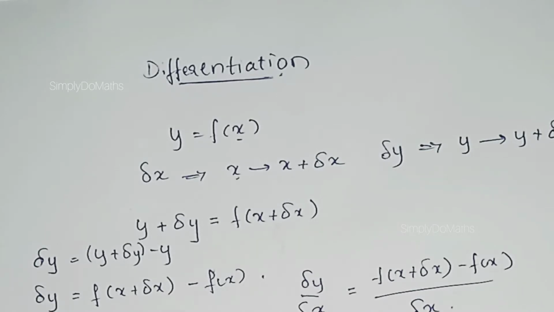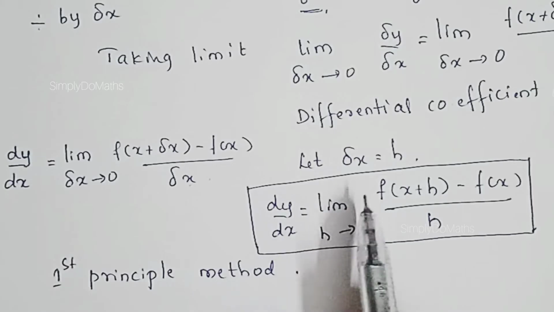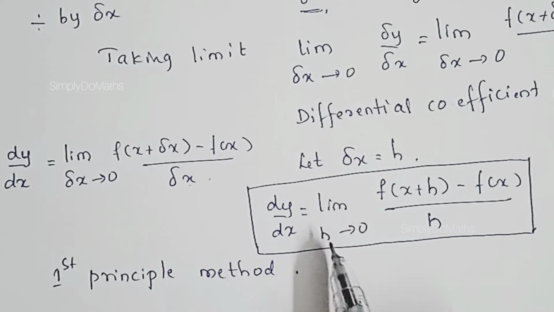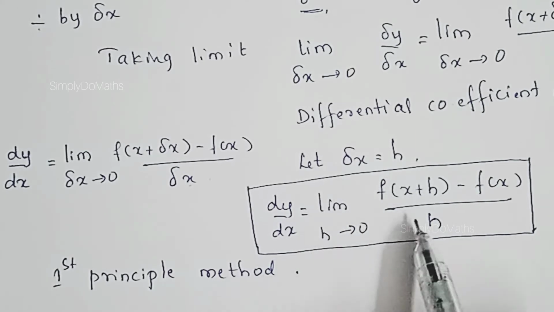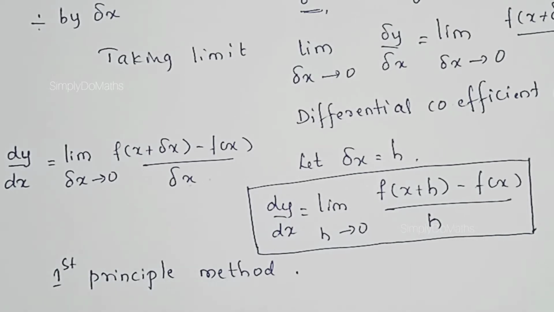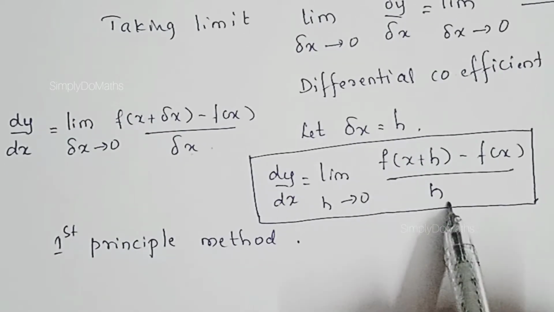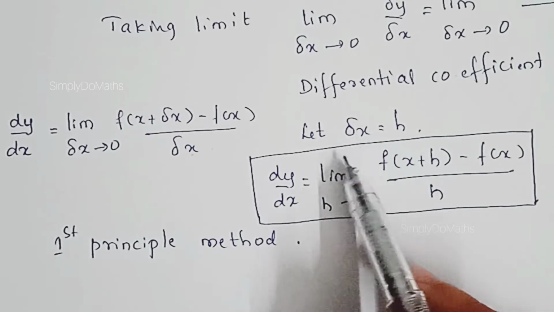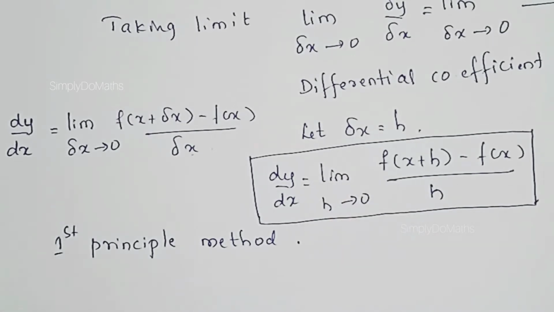On the basis of this curve, we have derived the basic formula to find the derivative of some function y, and the formula is dy by dx equal to limit as h tending to 0 f of x plus h minus f of x divided by h. And here this h refers to the increment in x value, right?